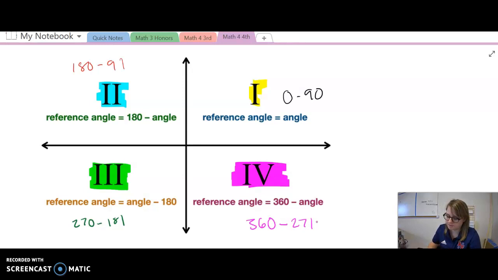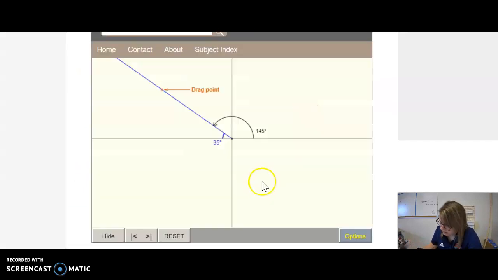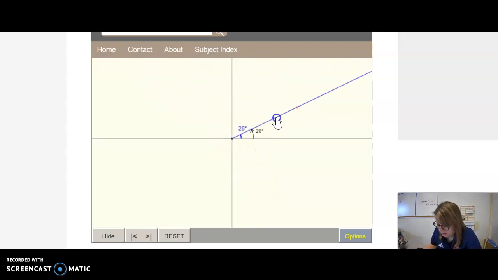Okay? So another cool thing that I found, let me show you real quick, is this tool that kind of shows you what a reference angle is. So as I said, first quadrant, the reference angle is anything between 1 and 90. So if it's 63 degrees all the way, then the reference angle is 63 degrees.